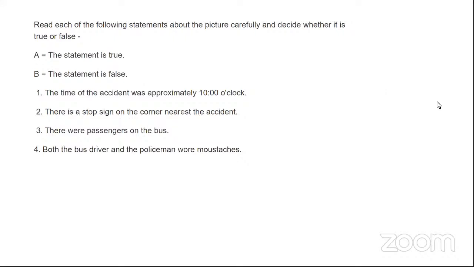Okay. So there were passengers on the bus. Were there? Yes. True. Both the bus driver and the policeman wore mustaches. False. Only the policeman. So if you got it correct, give yourself 1.5 for each one. If you got it wrong, give yourself a 0 for that particular question.